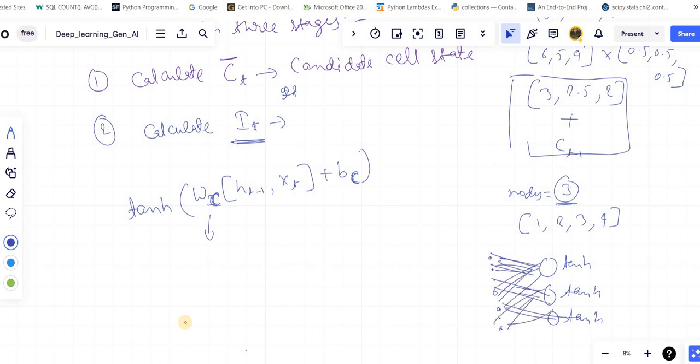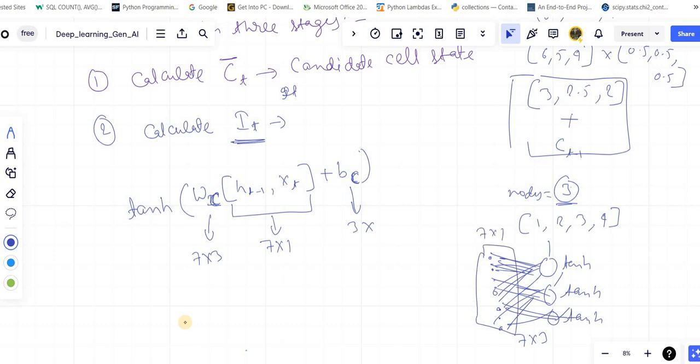So this matrix will be 7 cross 3, and ht minus 1 and xt will be 7 cross 1, and this bias is 3 cross 1, because 1 bias to each.